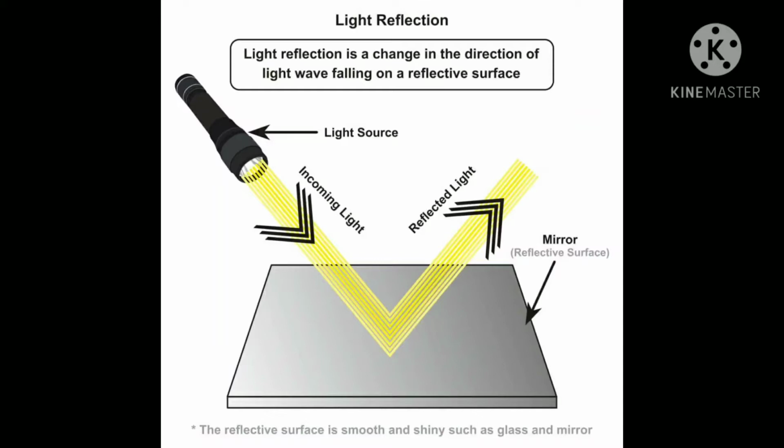We can see everything because rays of light from the sun strike these objects and get reflected, making it possible to see clearly. In reflection, there are two important rays, incident rays and reflected rays. Incident rays are the rays of light that fall on a surface, and reflected rays are the rays of light that are sent back from the surface.